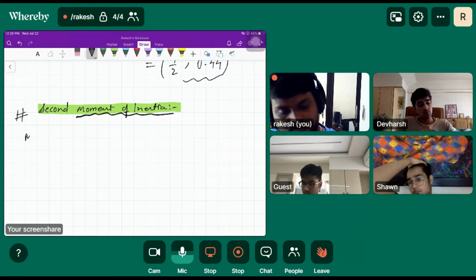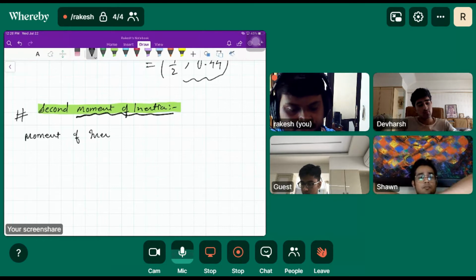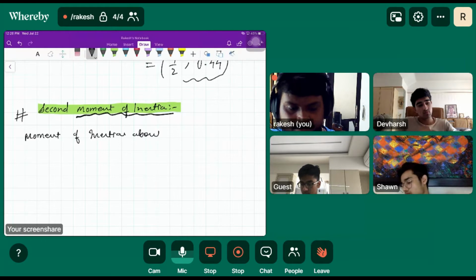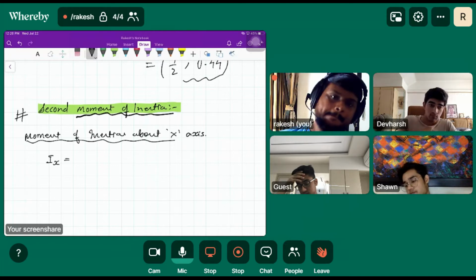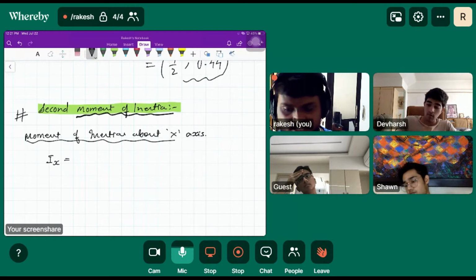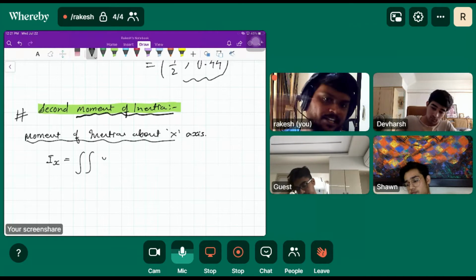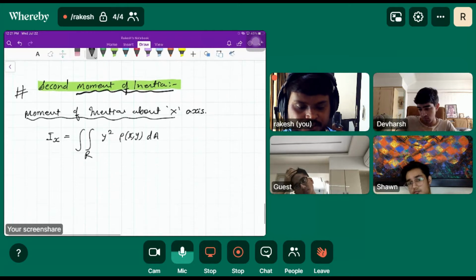So moment of inertia about x axis is Ix. Okay, Ix, that is moment of inertia about x axis. As I said, it's distance square, so Ix will integrate over y direction, so y square rho(x, y) dA over the region.